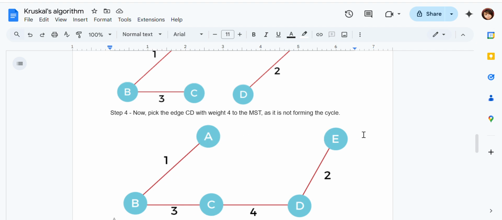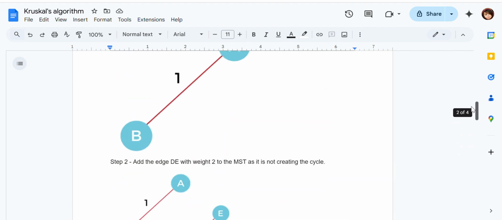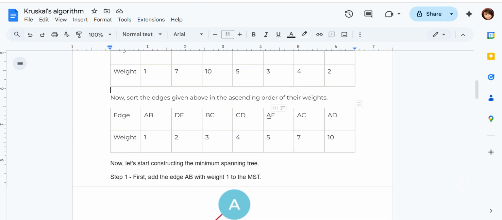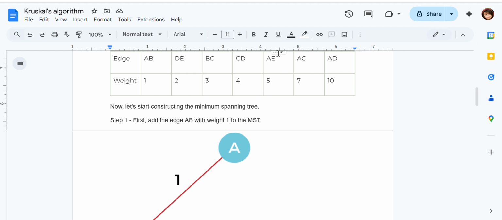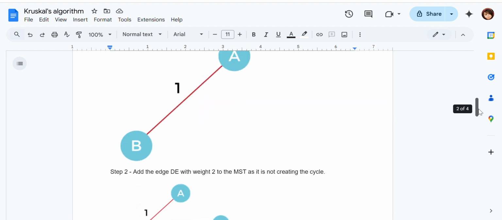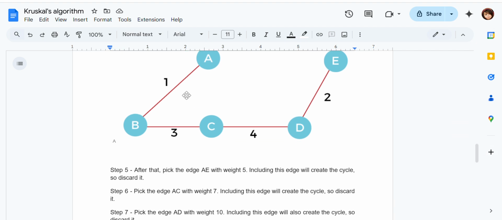So you have to reject that edge. If I add this AE, I'll get a cycle, which is not applicable for a minimum spanning tree. If you form a cycle, then it is not a minimum spanning tree. Our goal is to create a minimum spanning tree, so to avoid that, we ignore the AE edge.